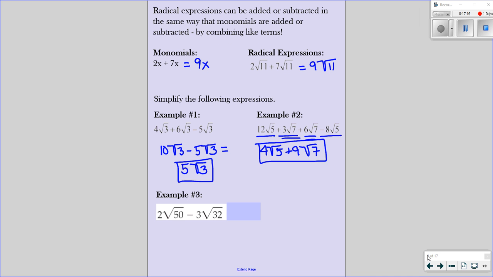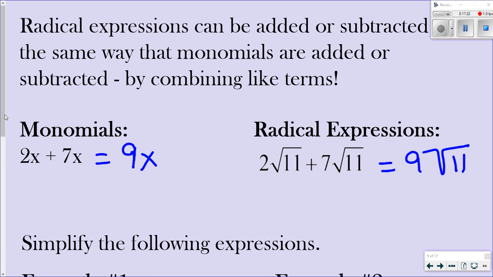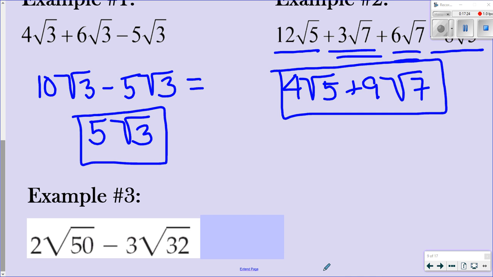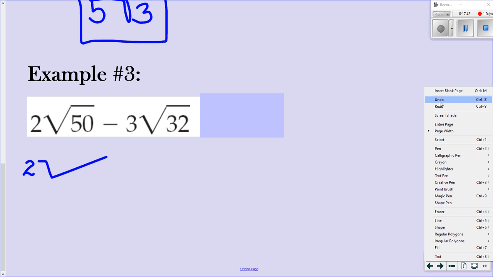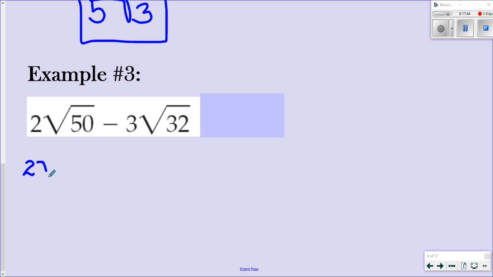And then for the next one, I'm going to make this bigger. Okay, so now this one you actually have to simplify first, and then we can start combining if we can. So 2 brings down 50. Find 2 factors that will give us 50.